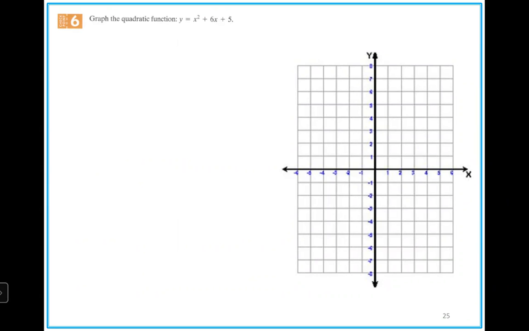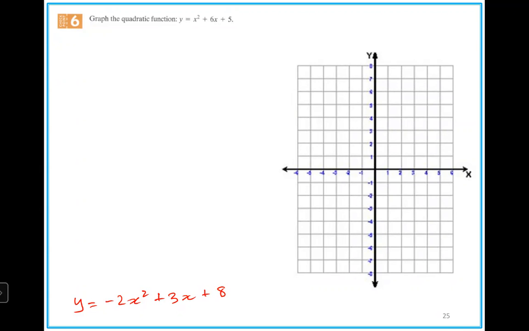Right. Okay. So if I gave you an equation like this, y equals minus 2x squared plus 3x plus 8. What's going to happen with that equation? It'll open downward. Why?